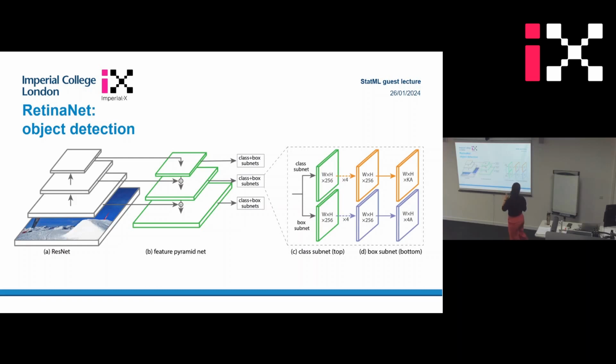So this network applies a loss function that helps the algorithm detect the people and the cars, the things that are less represented but you're more interested in.